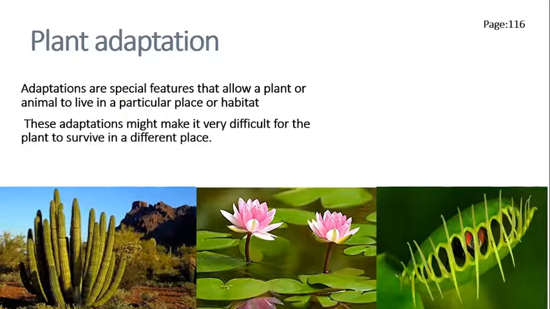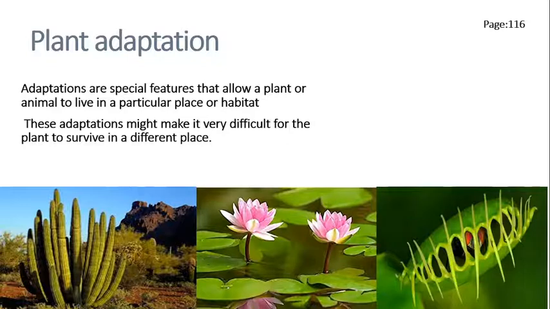And the most important point is to know that the adaptation process is not a very quick process. It needs several generations, and it needs a lot of time to happen, maybe thousands of years for plants to adapt to a specific environment.